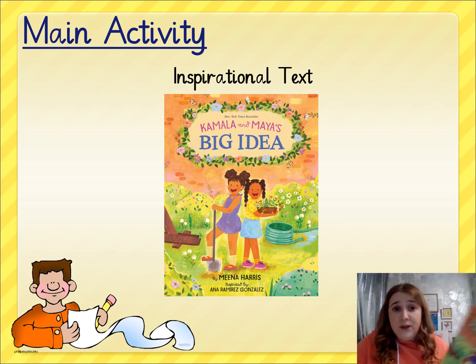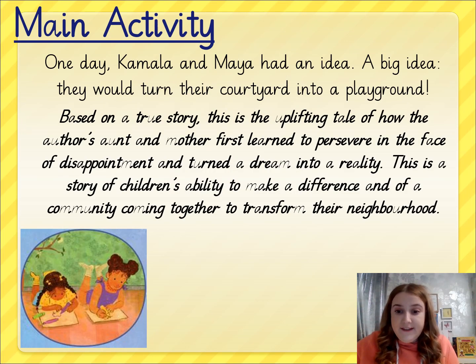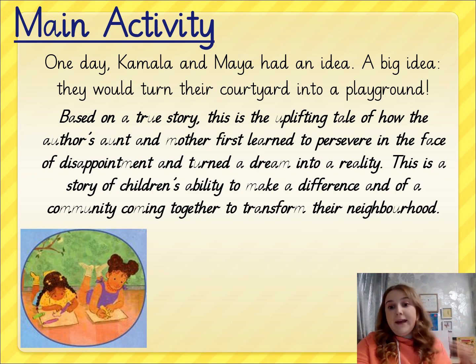It's the story of 2 little girls, and they want to change something. They notice something in their lives isn't how they want it to be, so they decide to try and change it. Before we read the story as a group, I wanted to share with you the blurb from the story. And remember, when we find a book, the blurb is usually on the back, and the blurb usually tells us what the story is going to be about.